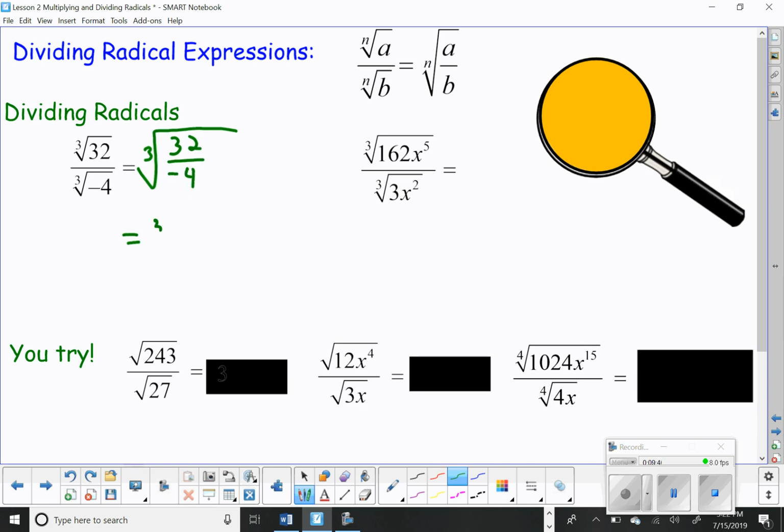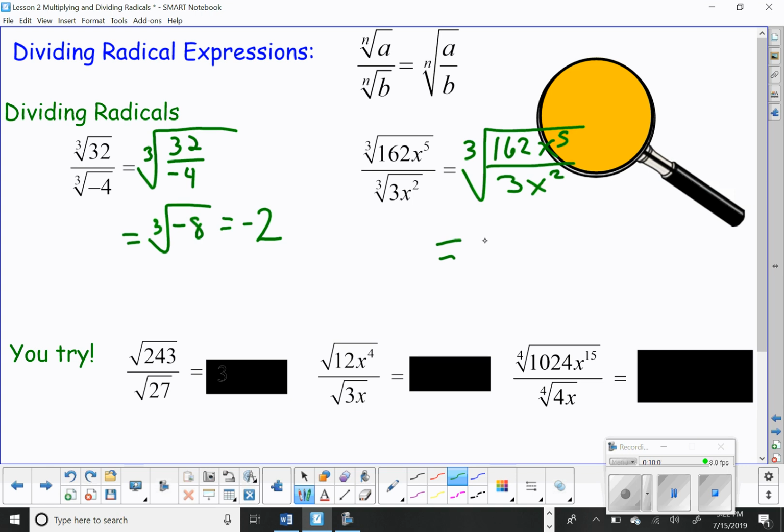That's the cube root of -8, which is -2. So you can combine things very easily. Over here, we've got the cube root of 162 x to the 5th divided by 3x squared.